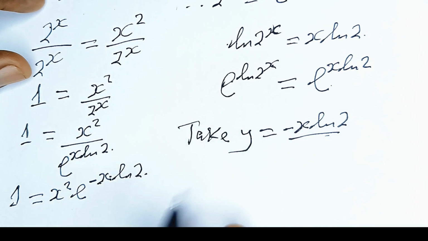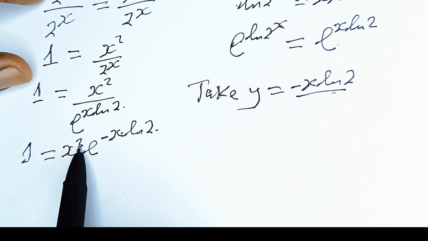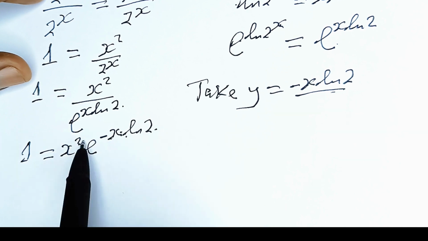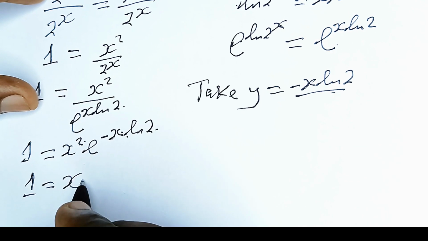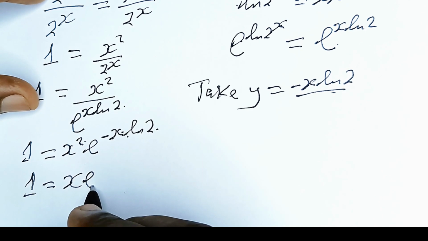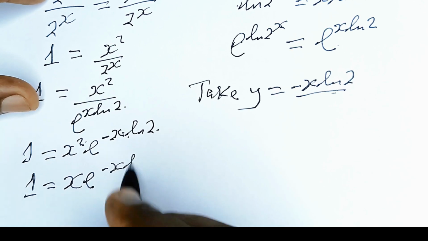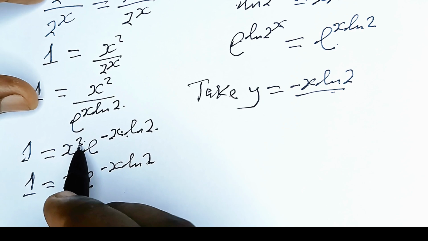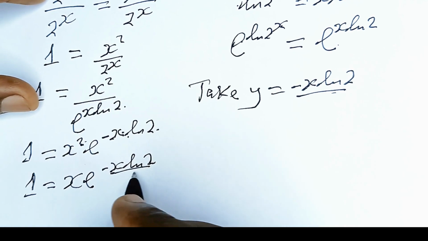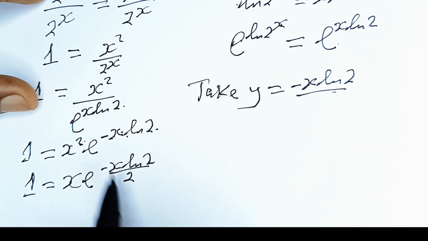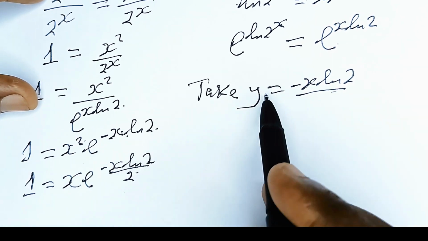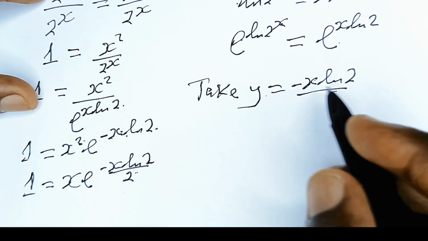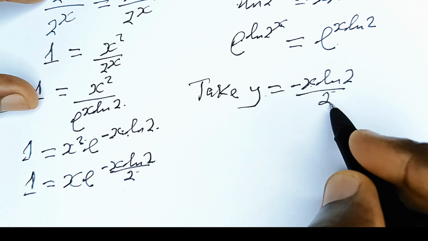But before we take it, remember that this is power and this is also power, so they can come together. Now we can say 1 is equal to x exponential, now minus x ln 2. This will now become the subscript here. So because you have it that way, you can now say y should represent this as it is. So minus x ln 2 divided by 2.